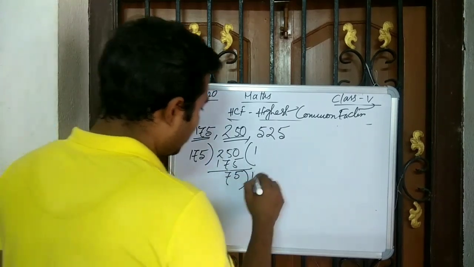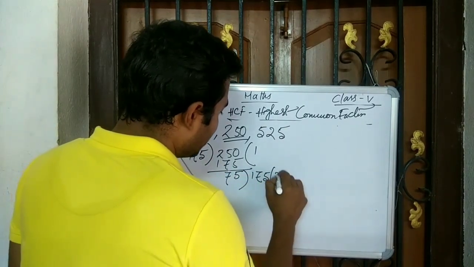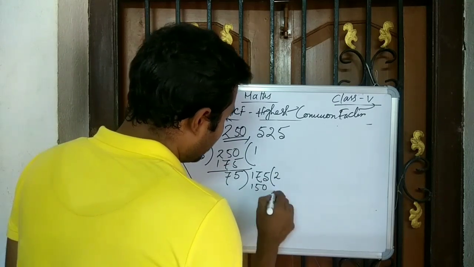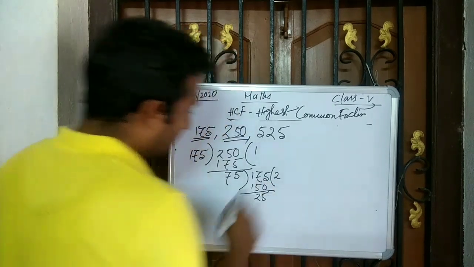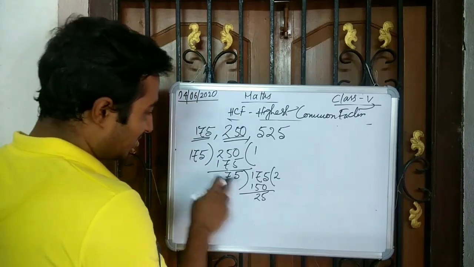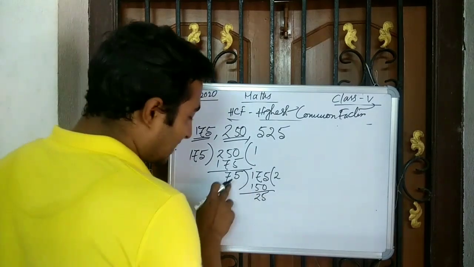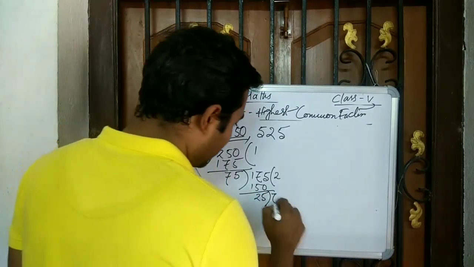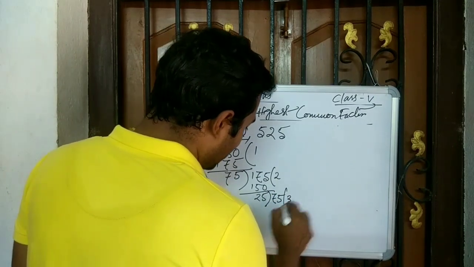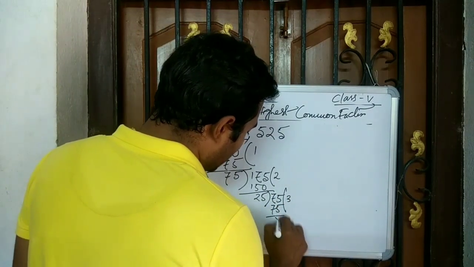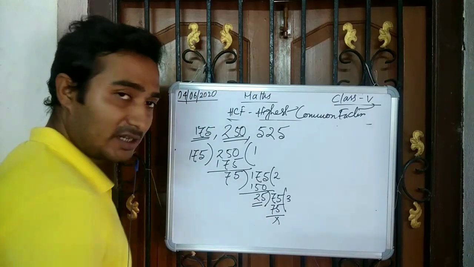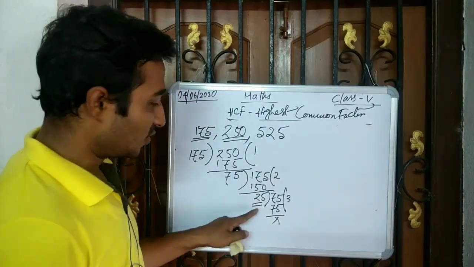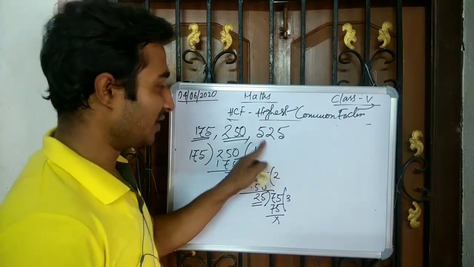Again by 75 we are dividing 175. 75 2s are 150, so we are getting 25. Again by 25, this number, not this number, the last divisor we have to divide. 25 3s are 75. So this is the divisor till now.